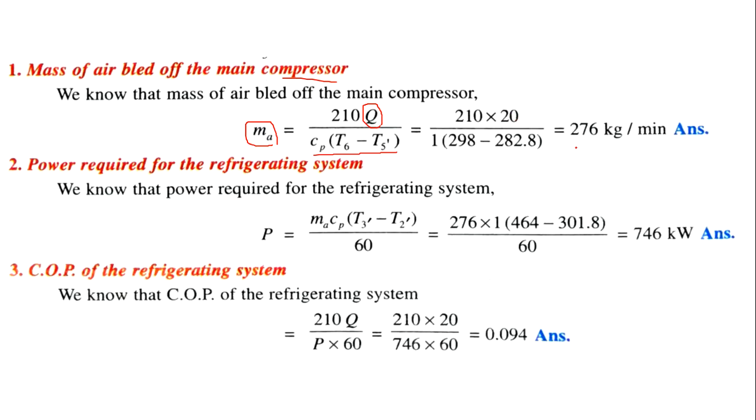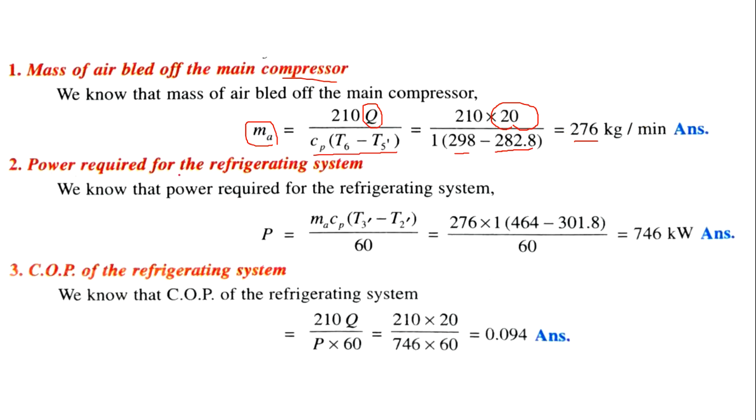So the mass of air required for this tonnage of refrigeration is 276 kilograms per minute. This is the mass flow rate of air required for getting 20 tons of refrigeration for the reduction of temperature from 298 to 282.8 Kelvin.